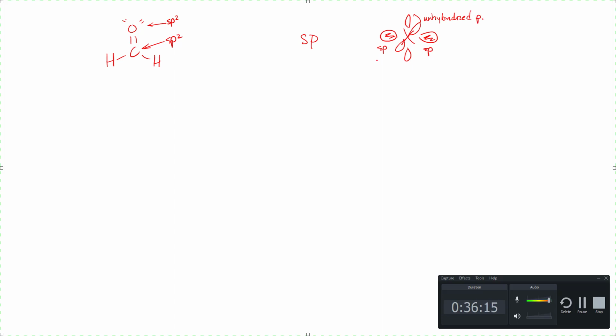The number of electrons that go into these orbitals is going to depend on the atom. So in general, what we do is we hybridize orbitals, and then we put the electrons into them.